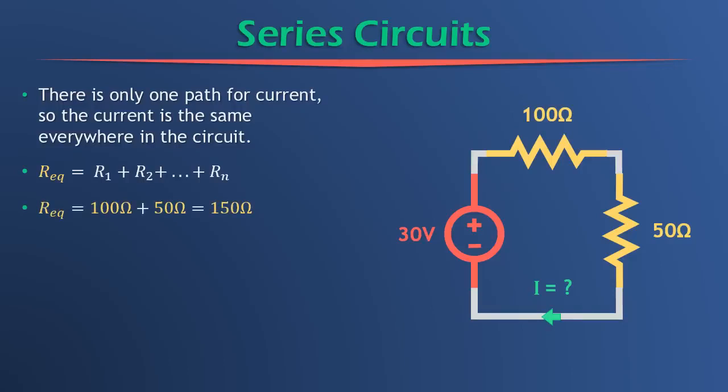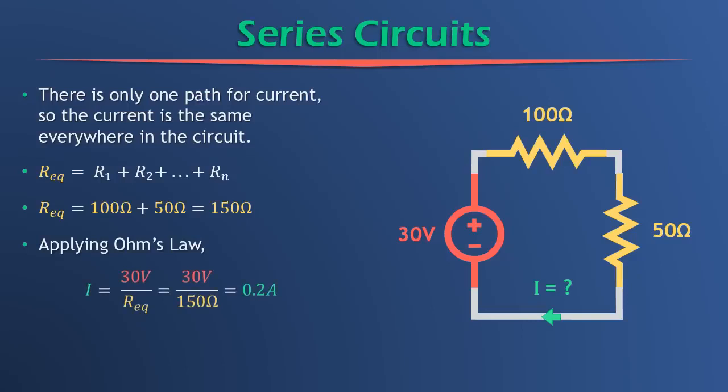The equivalent resistance formed between this point and this point would be 150 ohms. Now that we know the equivalent resistance, we can rewrite these two resistors as one resistor. Then we can solve for the current just as we did previously. Applying Ohm's law, the current is equal to 30 volts, the source voltage, over the equivalent resistance of 150 ohms. Dividing 30 by 150 gives us 0.2 amps.